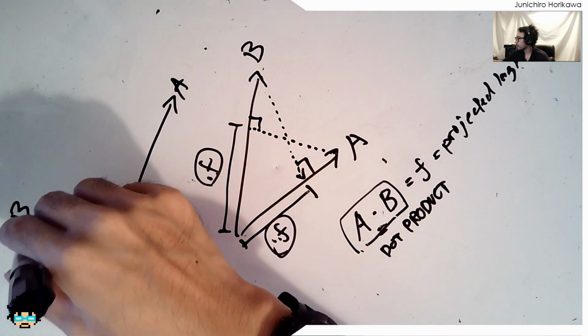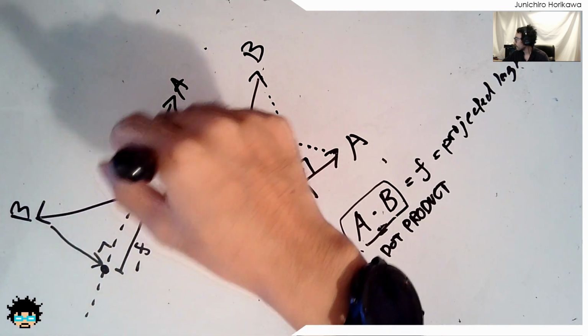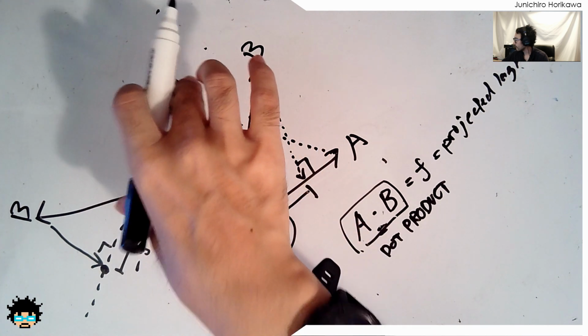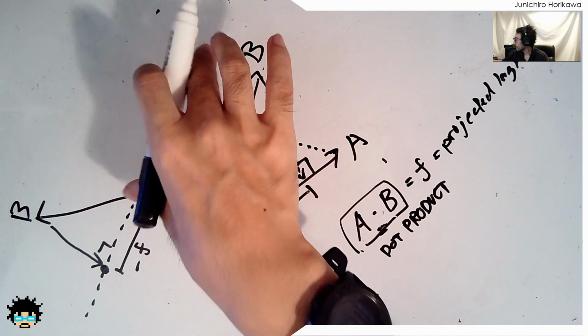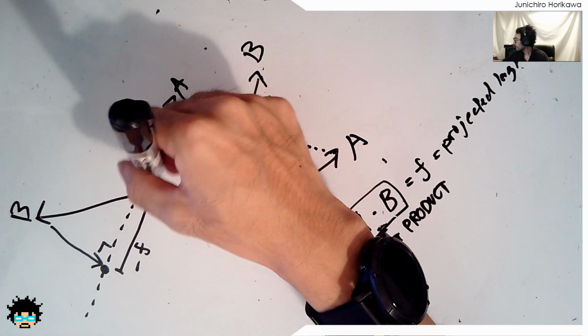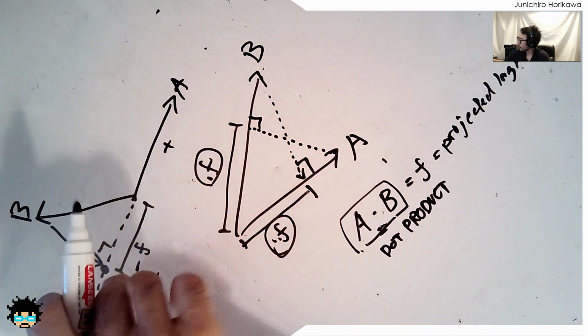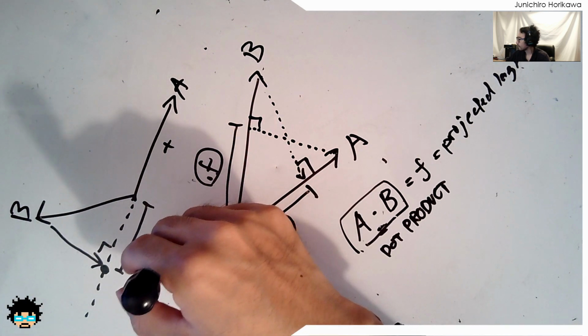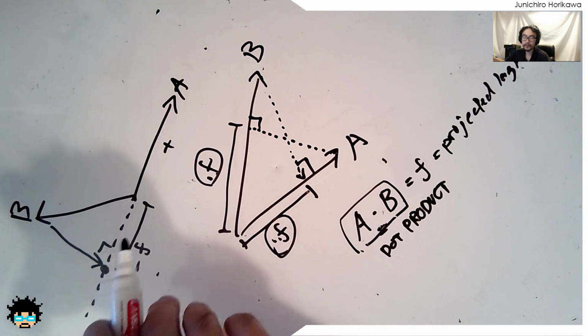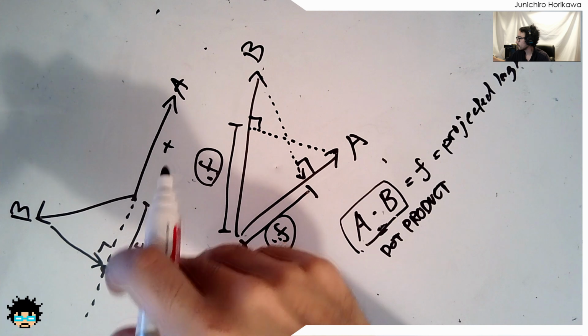If the projected point right here is in the range of this A vector from 0 position, then it's positive. But if it's on the negative direction, then the output dot product result will be negative as well. So that's the thing you want to remember here.